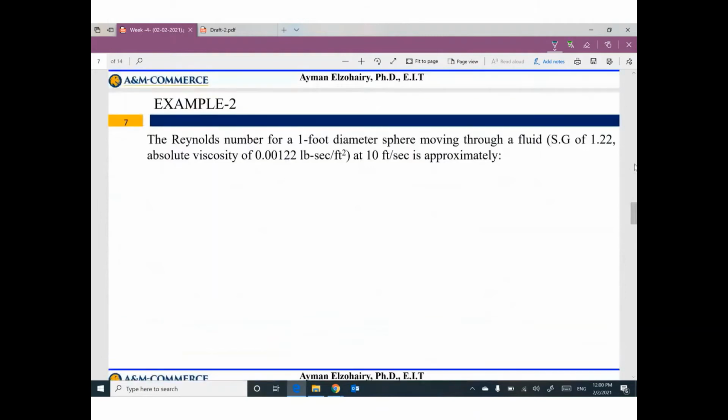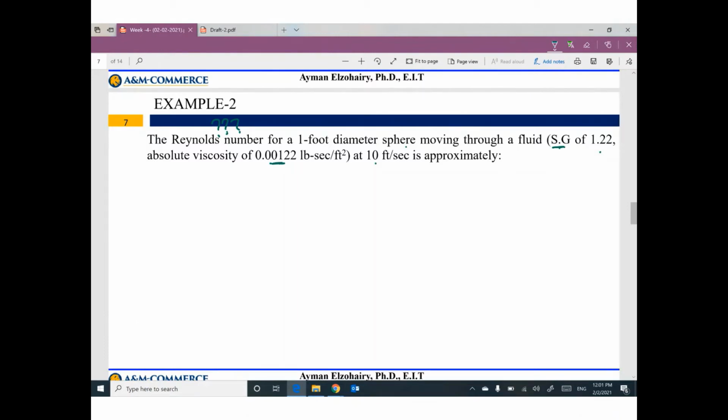Let's do this example. What is the Reynolds number for a 1 foot diameter sphere moving through a fluid with specific gravity equal to 1.22, absolute viscosity equal to 0.00122, at 10 feet per second?